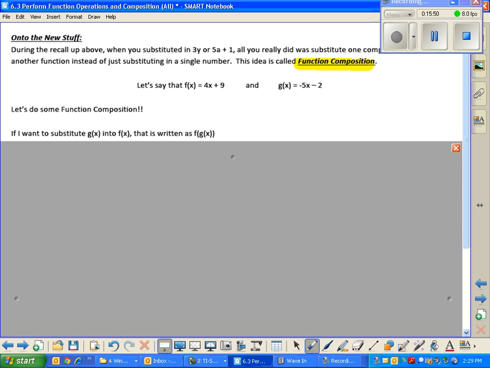If we substitute g of x into f of x, we call that f of g of x. I know, doesn't that look weird? Some books actually write it slightly differently. Instead of doing the little g of x inside f of x, they do like a little fog, F-O-G. It's not really an O, it's actually a really small little circle of x. So some books will write it like that also.